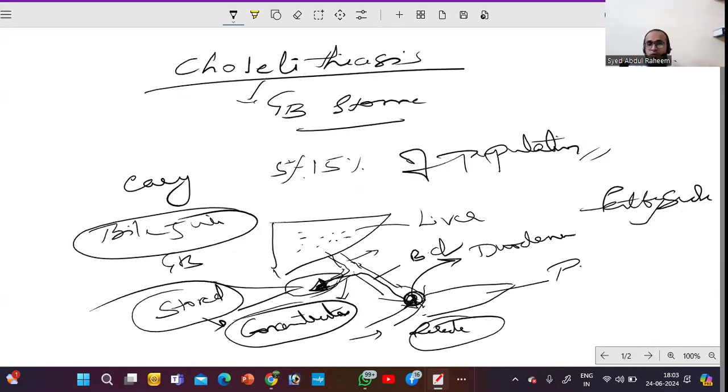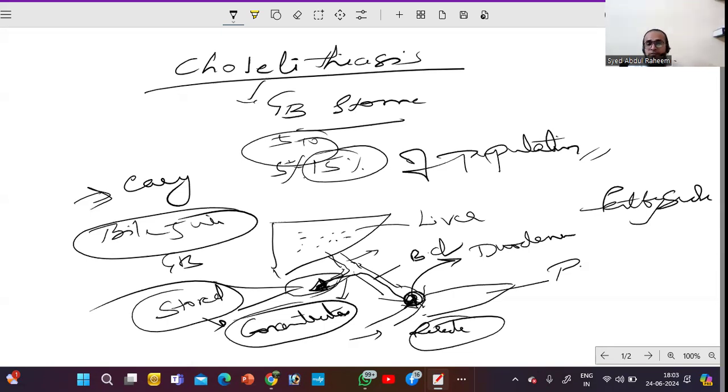So cholelithiasis means GB stone. Nearly 5 to 10% of the population has cholelithiasis. Now it has increased to 15%.